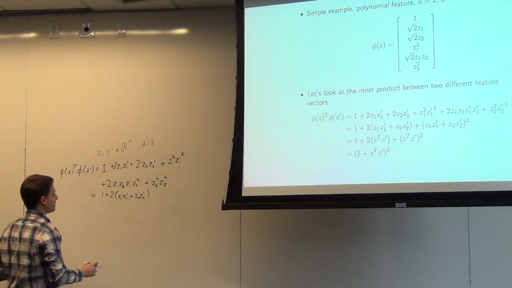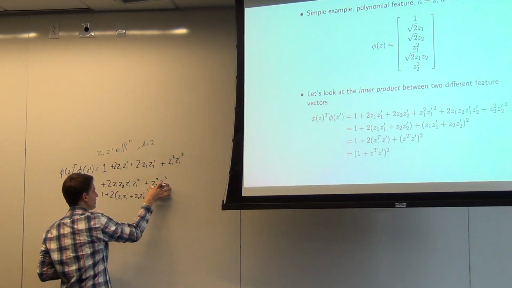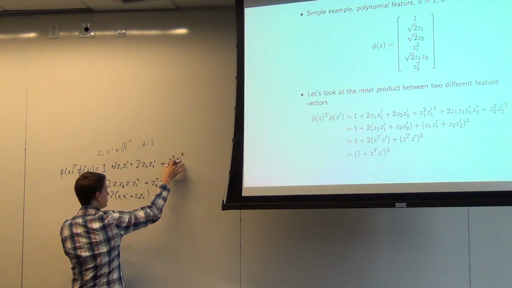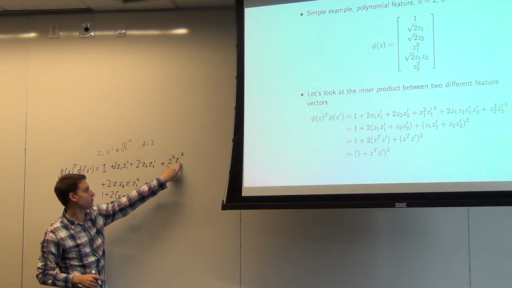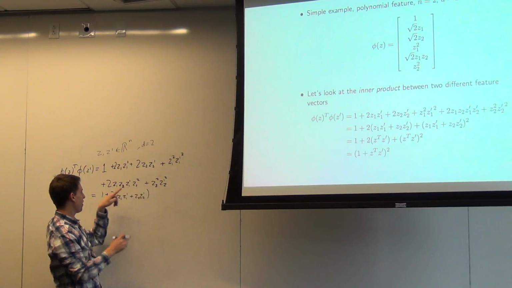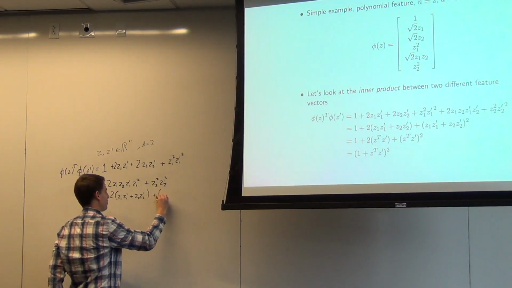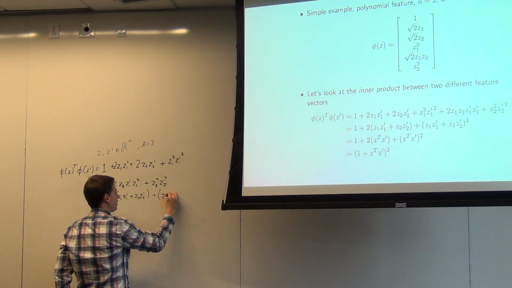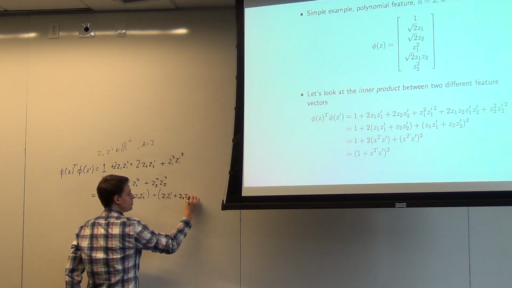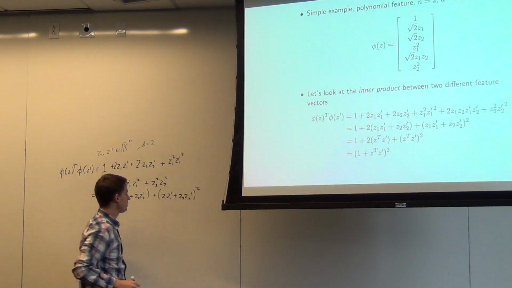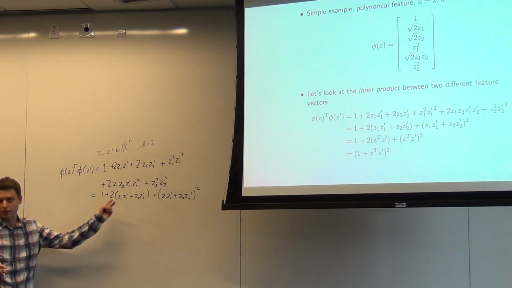I'm going to write it as this without the squares plus this without the squares, all squared. Because we have this term squared, and then these terms times each other. So z1 prime plus z2 prime, all squared. Everyone sees what I did there, right?